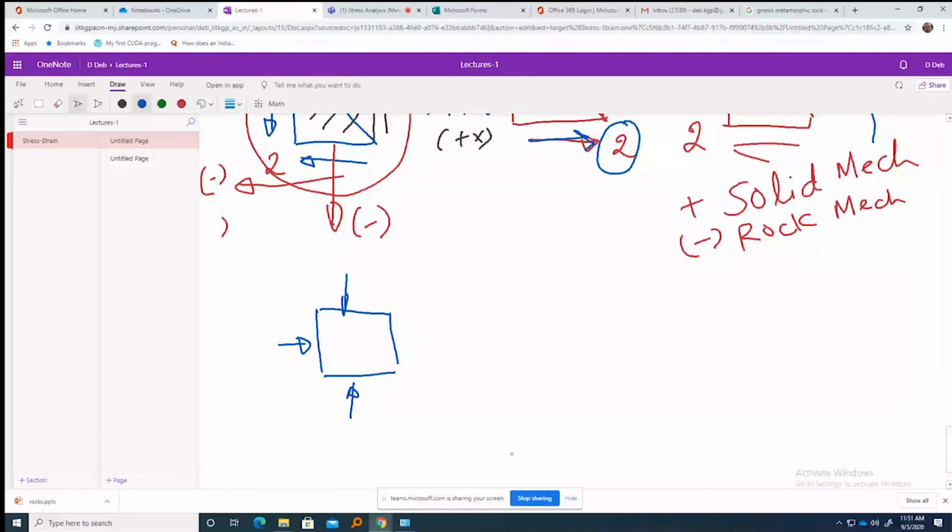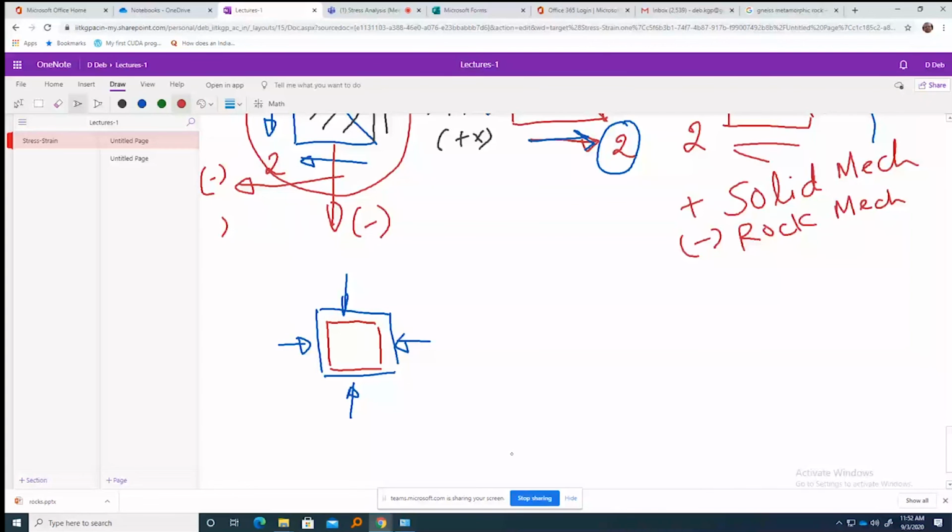This is compressional normal stress in a point, or let's say in an element. So what will happen is this one will become like this, right? Depending on the stress applied, we are trying to change the size.